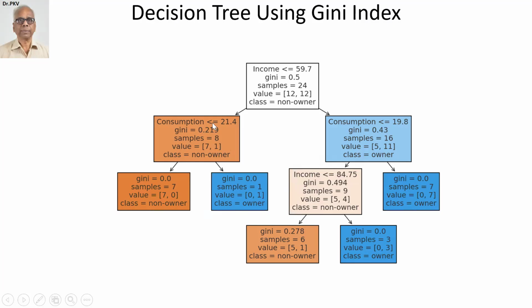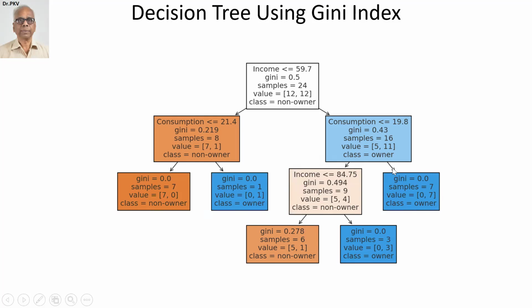If you simplify, this is equal to 0.219. Likewise here, it is 1 minus 5 upon 16 whole squared minus 11 upon 16 whole squared. And if you simplify, you will get 0.43. And that's how this is done.